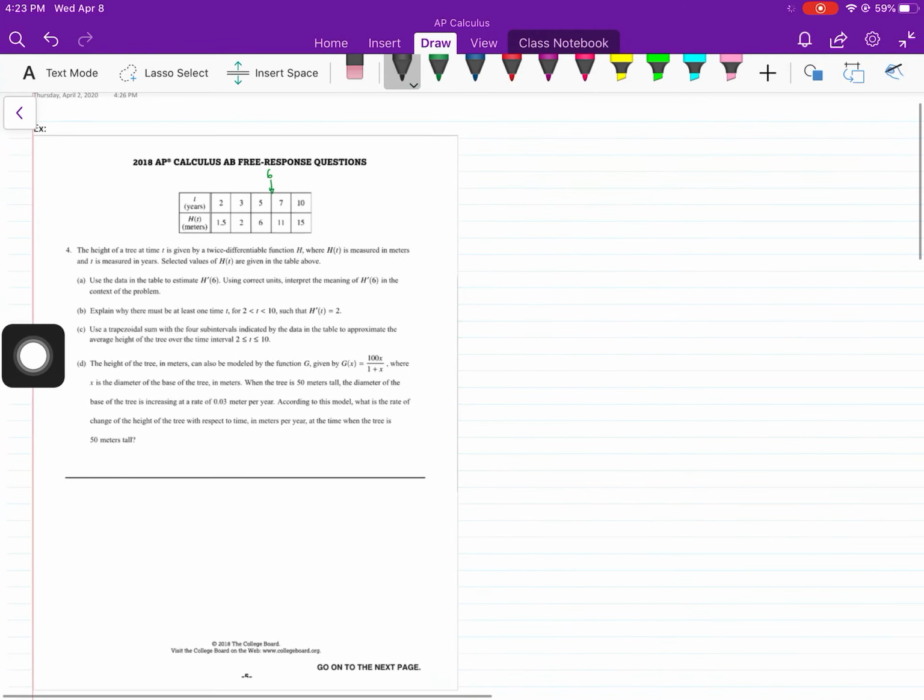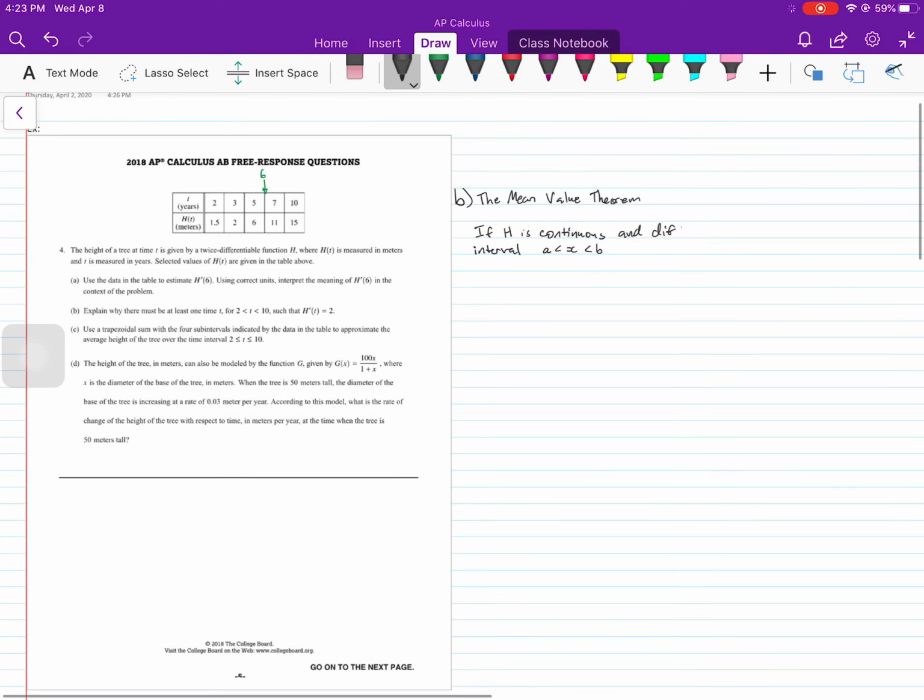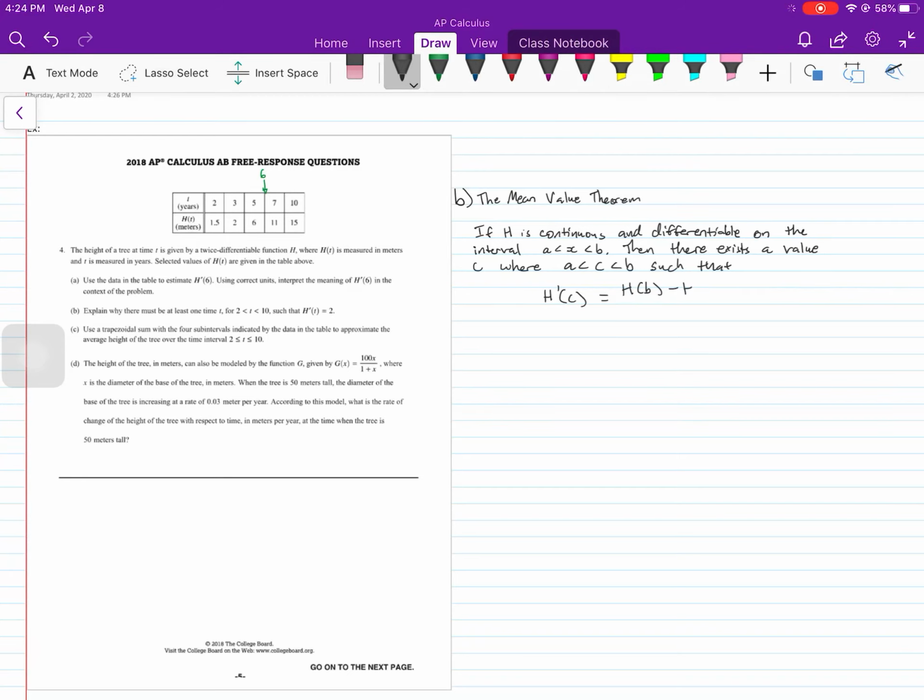So if h is continuous and differentiable on the interval from A to B, then there exists a value C, where C is between A and B, such that, and this is the main part that you guys need to remember, such that f prime of, or we're using h this time, such that h prime of C equals h of B minus h of A over B minus A.